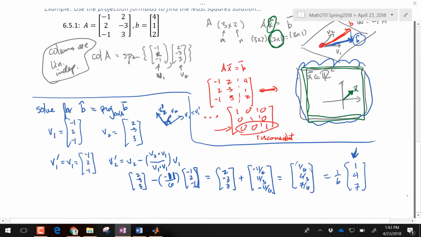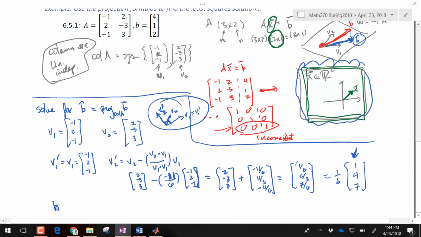Oh, we're out of space already. So now I have this setup over here, which spans a plane. I have a third vector b that's probably not on this plane. Well, we know that it's not on that plane. And I want to project this.